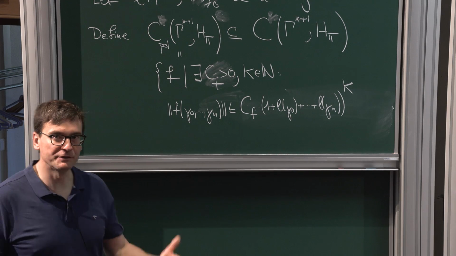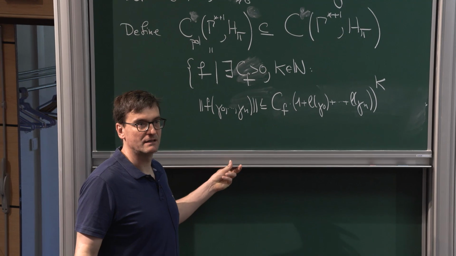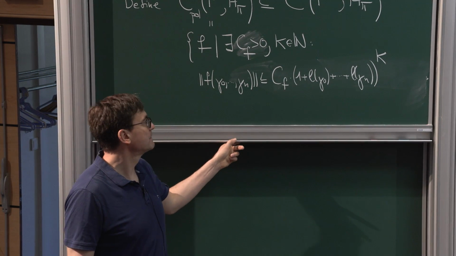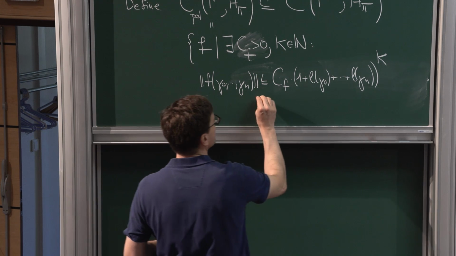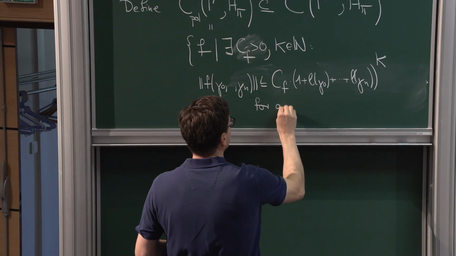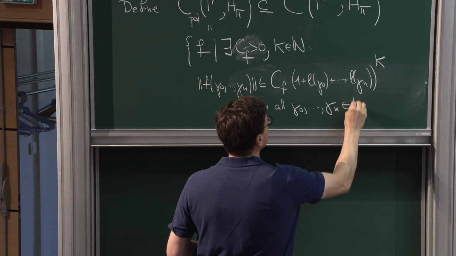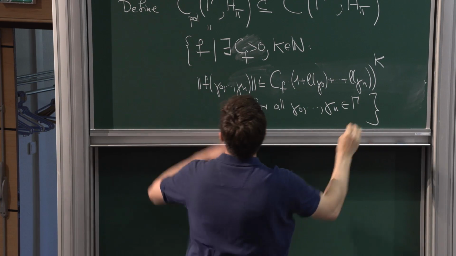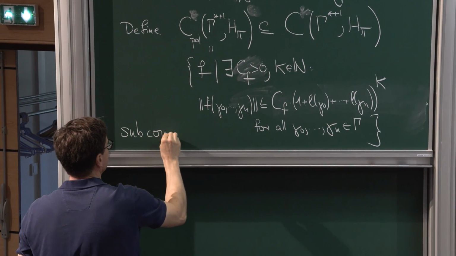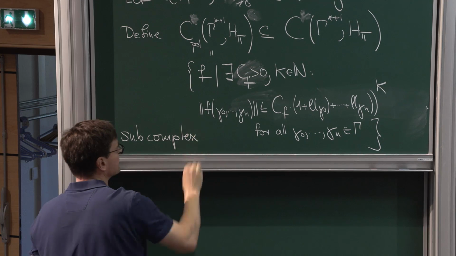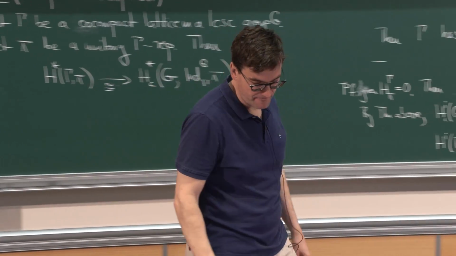So basically there is a polynomial bound on the growth of this cochain, polynomial in the lengths of the entries. And this is for all gamma 0 up to gamma n in gamma. So this is a subcomplex of the bar resolution that computes the group cohomology.